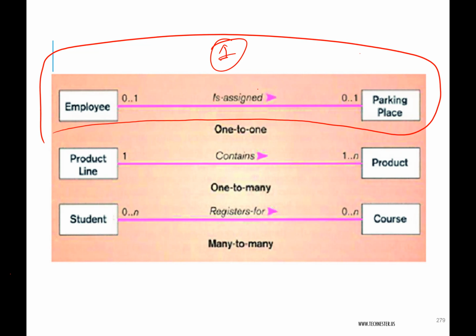You said an employee, which means 1, but... Okay, so it means that 0 employee means no employee, therefore no parking space, and 1 employee means 1 parking space, and that's why it's 1 to 1. So 0 to 0 and 1 to 1, nothing more than that. You cannot assign a parking space to no employee, and you cannot assign no employee to a parking space. The same way you cannot assign 1 employee to more than 1 parking space.